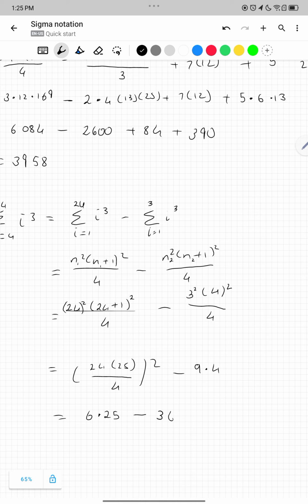So you have 36 inside. Right? So 25 times 6, let me see, times 4 is going to be 100, and times 6 is 150, is it?